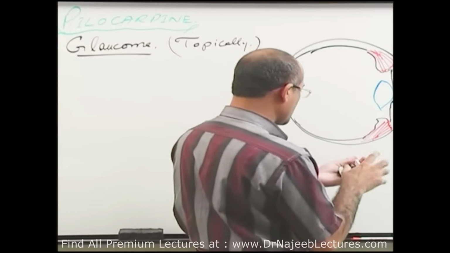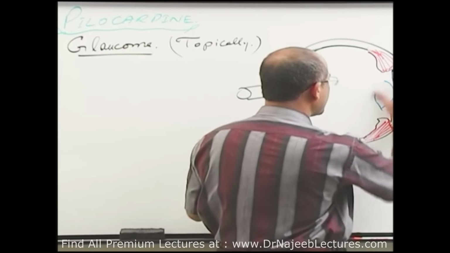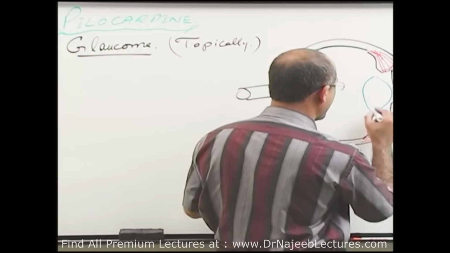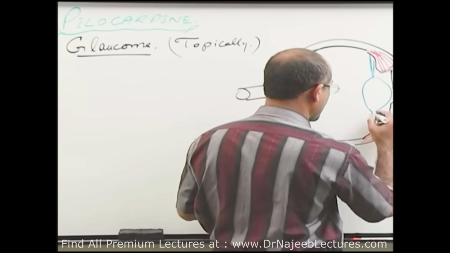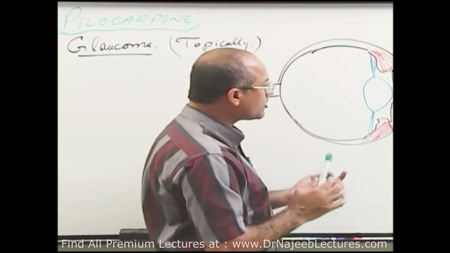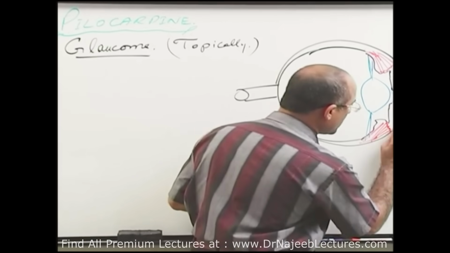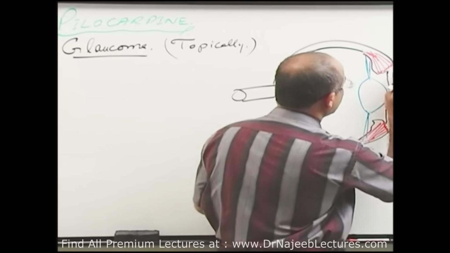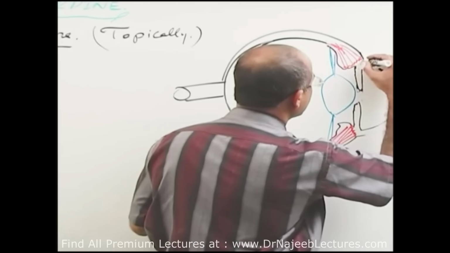And of course, you know that there are zonular fibers. Clear? Now, what is the circulation of aqueous humor? I should enlarge this area to show you in detail.